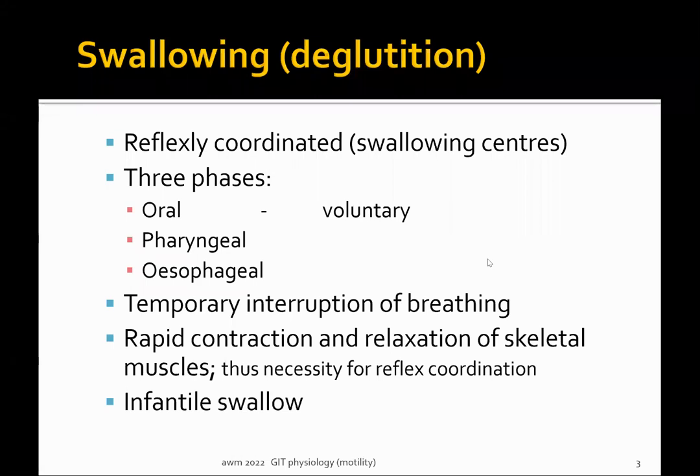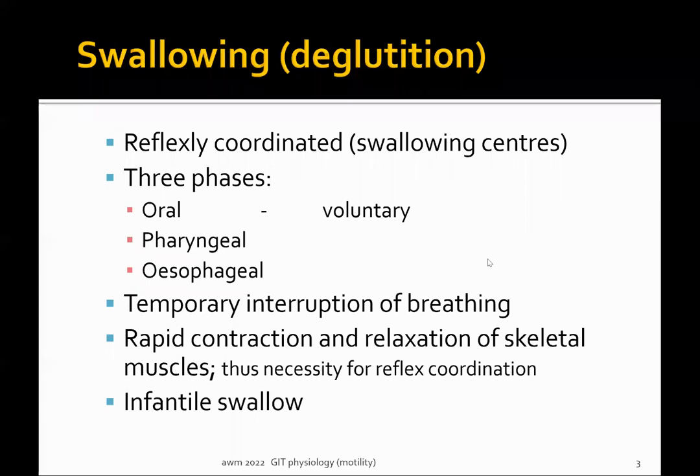So because you've got so many muscles, they're all skeletal, that are going to be involved, you've got to rapidly contract them and relax them, because as you swallow, you're going to temporarily hold your breath as the epiglottis closes the entry into the trachea, and then the bolus rolls off the back or the top of the epiglottis, and is directed over the closed trachea into the esophagus.